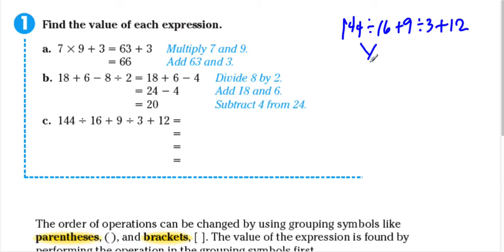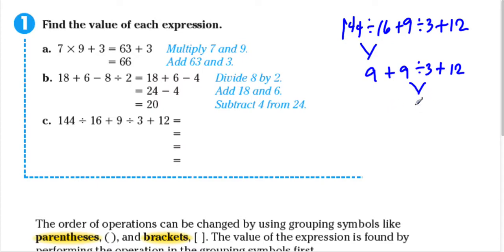So we divide 144 by 16, which is equal to 9. And we simply bring down plus 9 divided by 3 plus 12. Since we still have division, we still do division before we do any other operation.